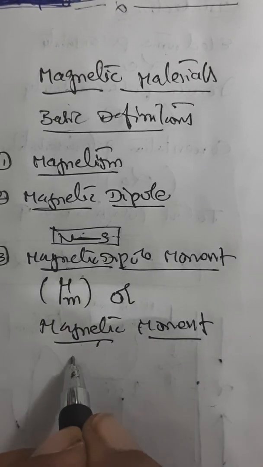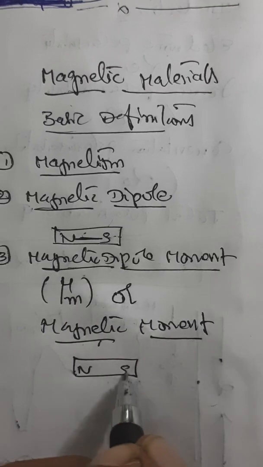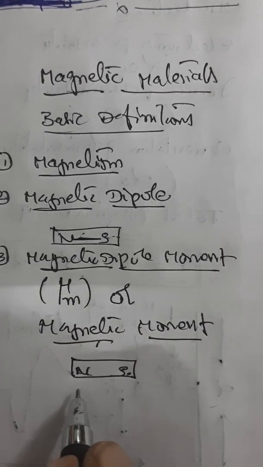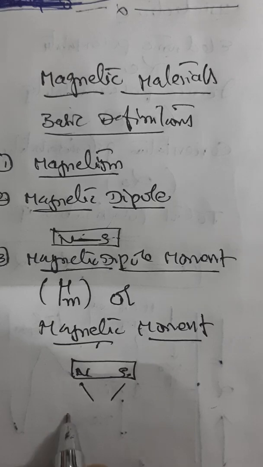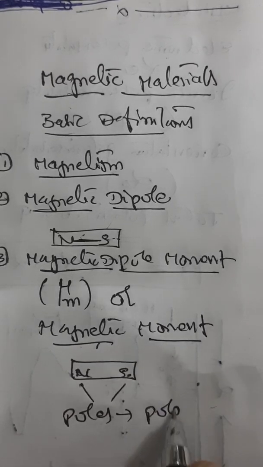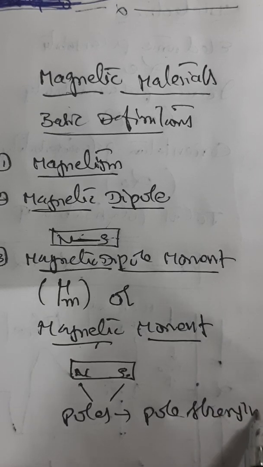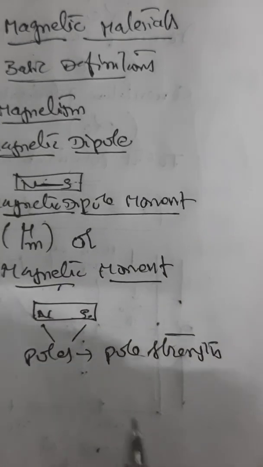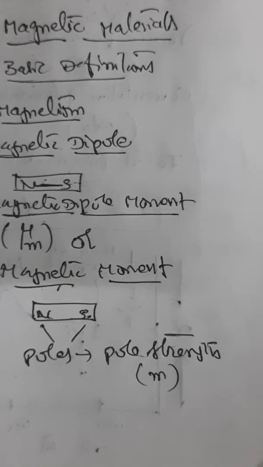So when we represent a magnet like this and call each end a pole, each pole will have a pole strength. Pole strength is represented by the letter m.